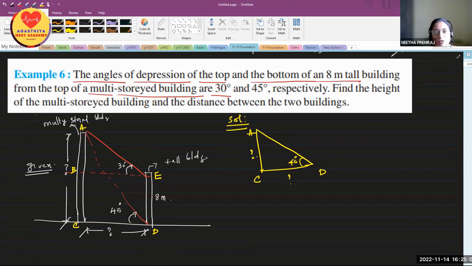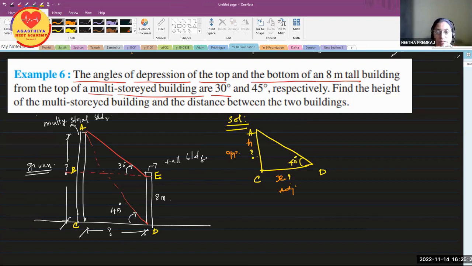We can apply trigonometry. This is the opposite side. I keep this as H, and this is X. This is the adjacent side. So what should be used?